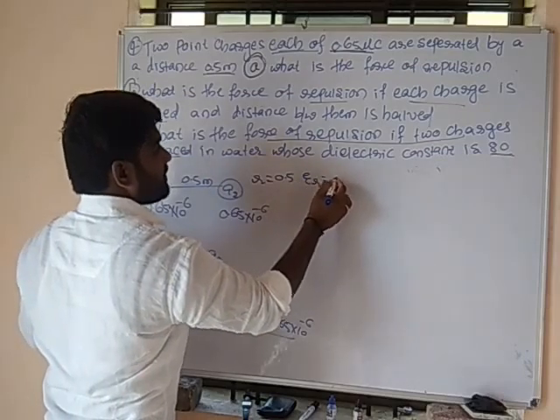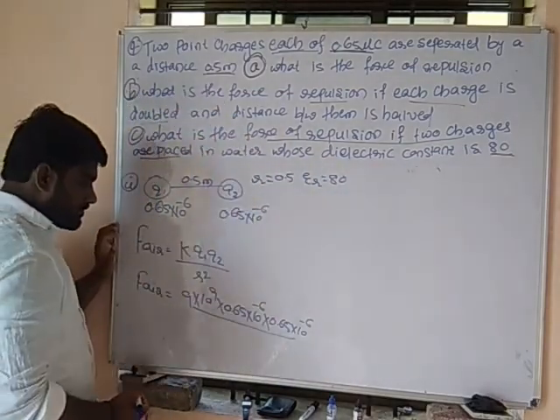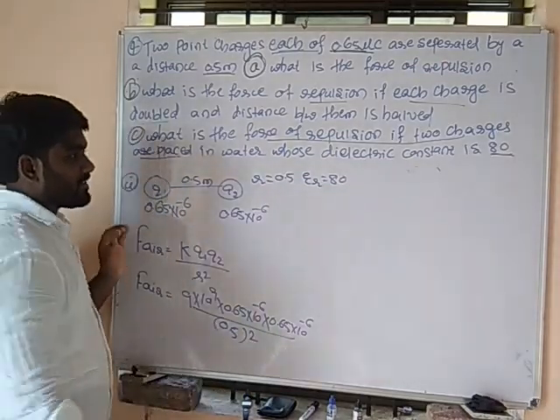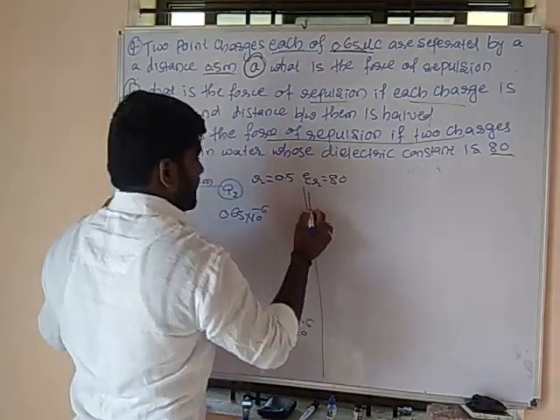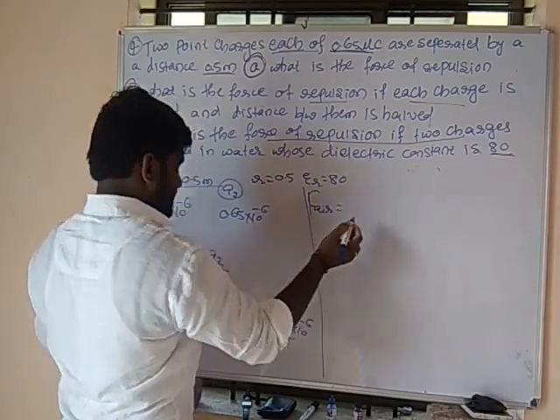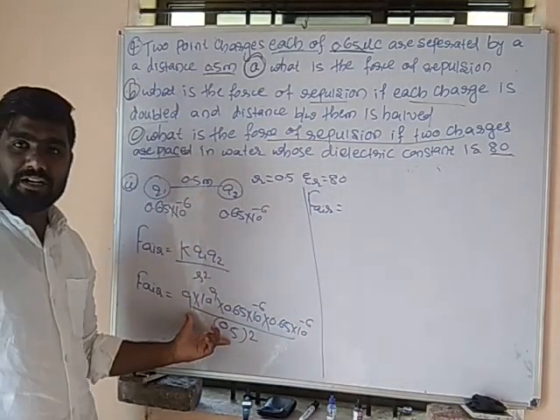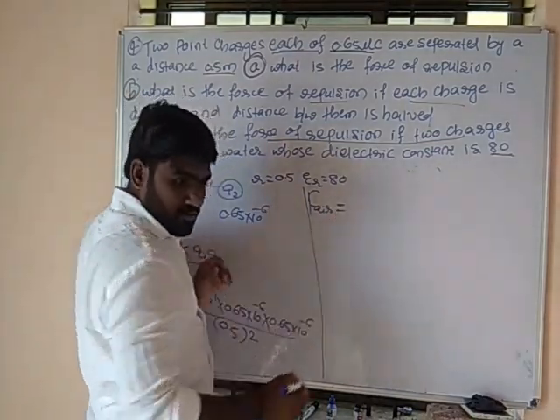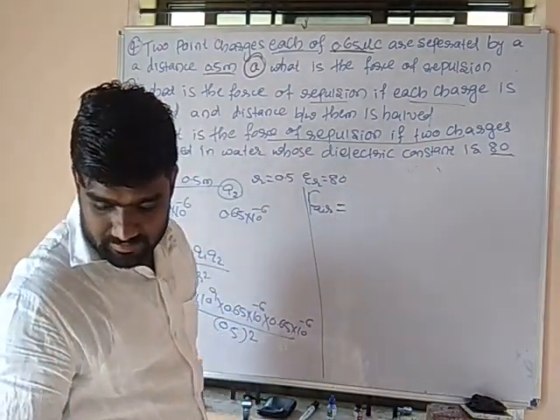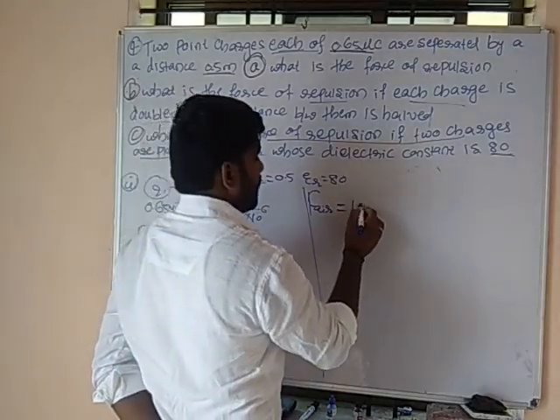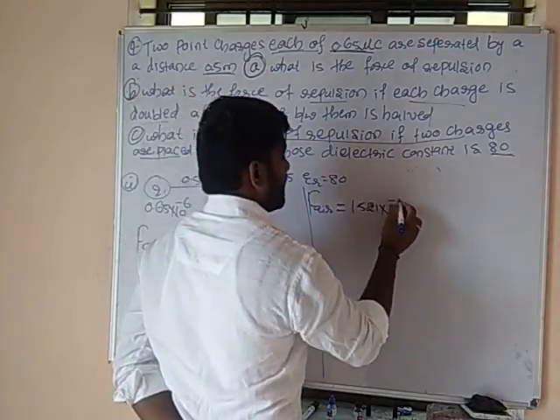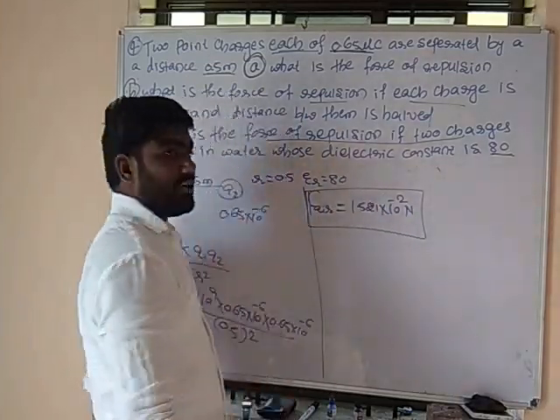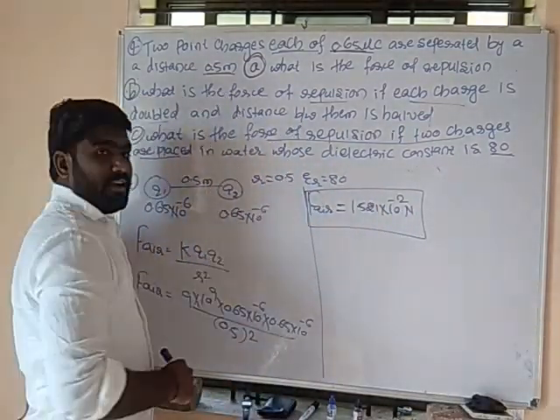Then epsilon R is given, it will be 80. Then it will be 0.5 whole square. Calculated by using a calculator, the final answer will be 1.521 into 10 to the power minus 2 Newton. So F at air we had calculated.